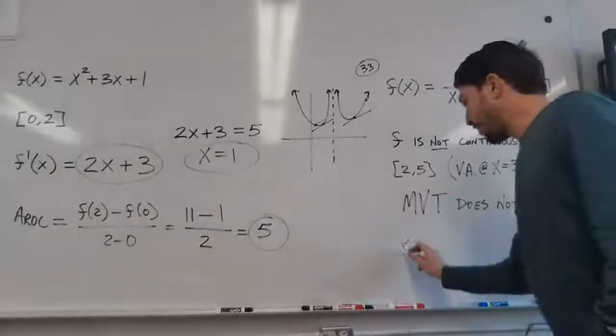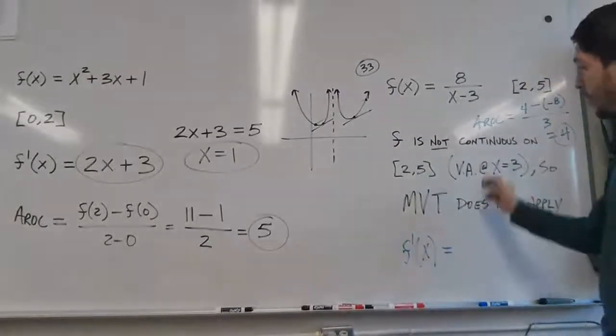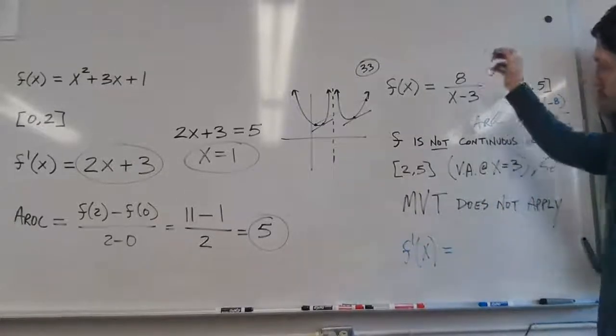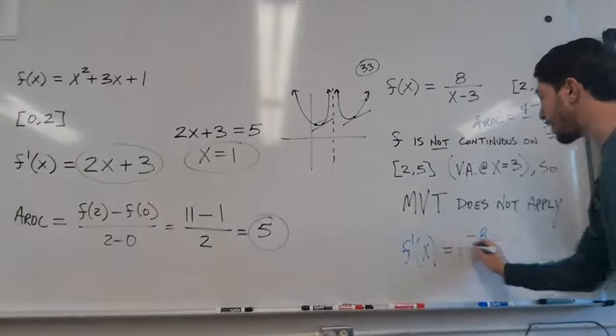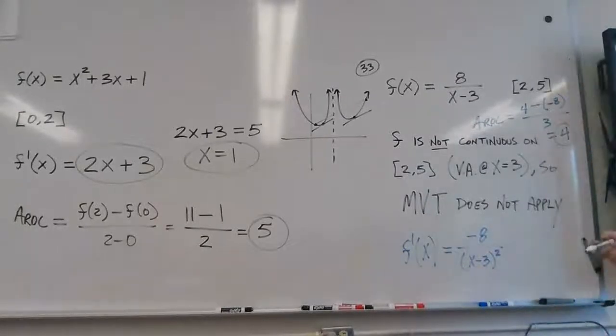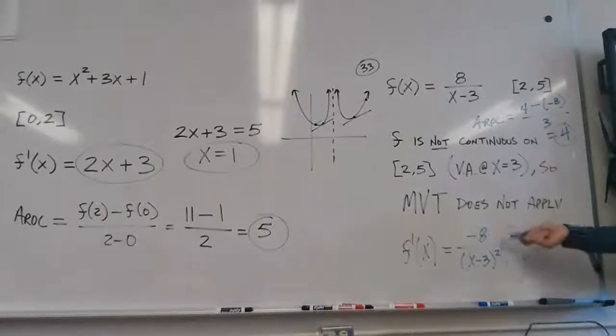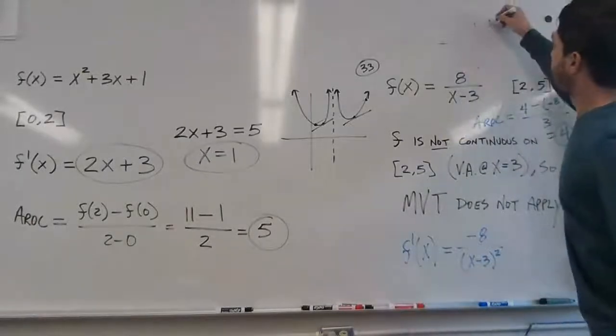But the derivative would be 0 times that minus 1 times 8 over that squared, by the quotient rule. Notice that quantity is always negative. We also know that from graphing it, right?